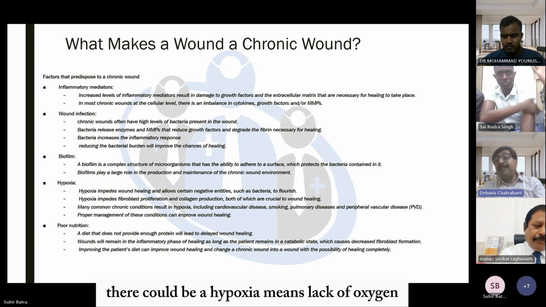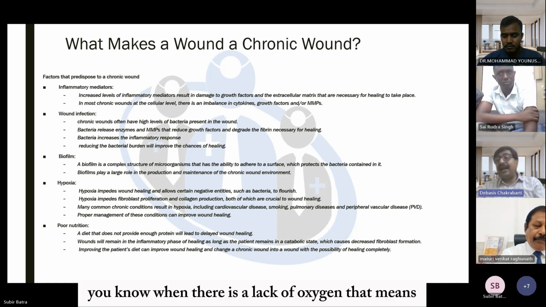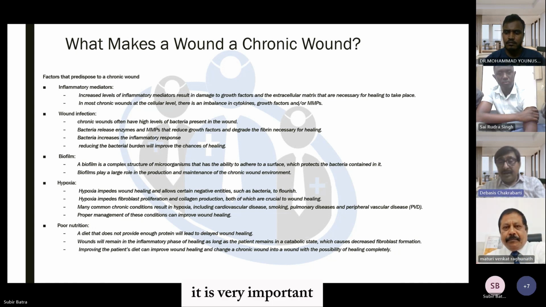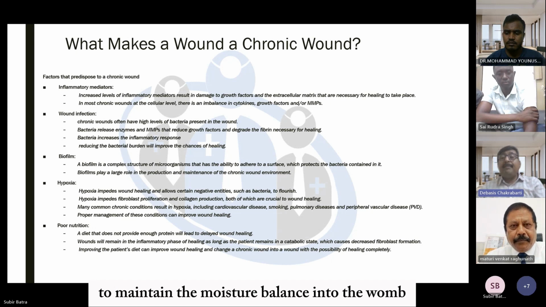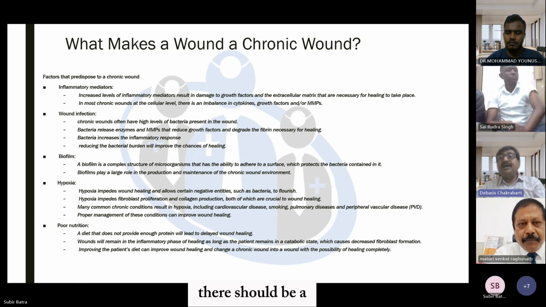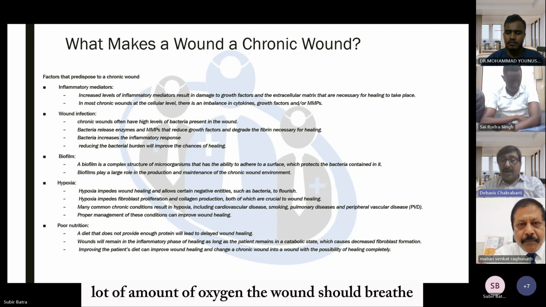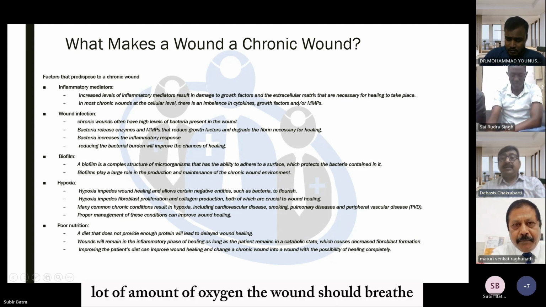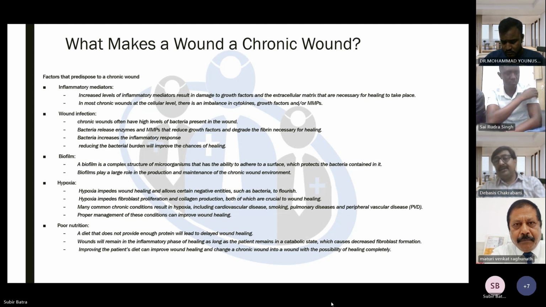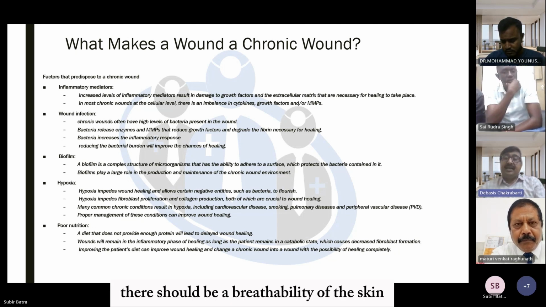There could be hypoxia, meaning lack of oxygen. When there is a lack of oxygen, it is very important to maintain the moisture balance in the wound. There should be a sufficient amount of oxygen. The wound should breathe. There should be breathability of the skin.